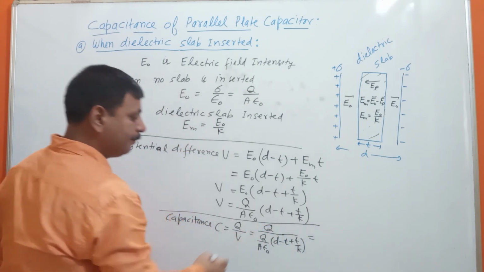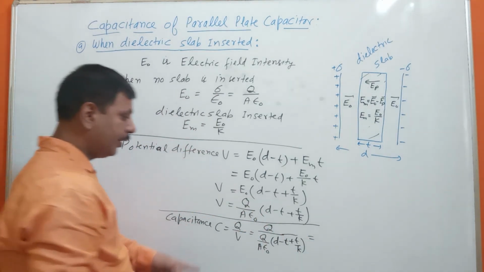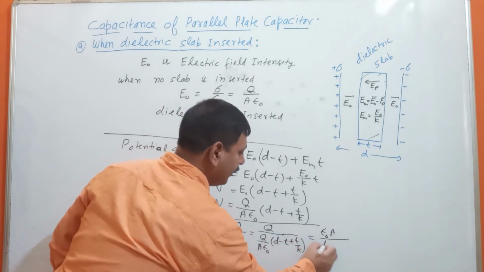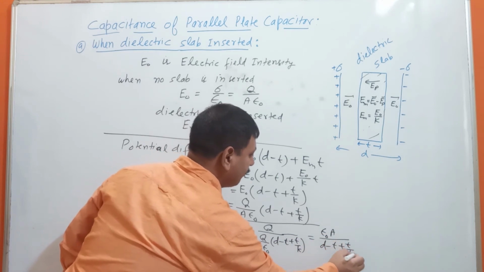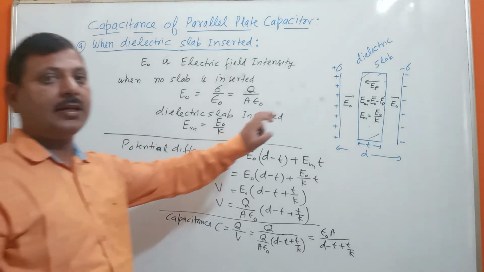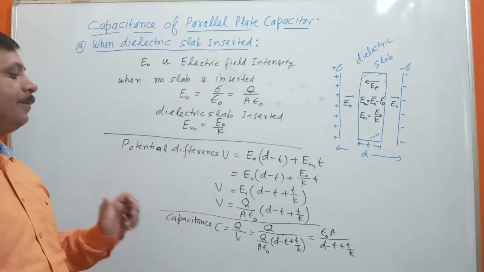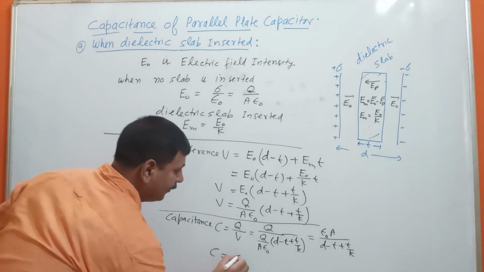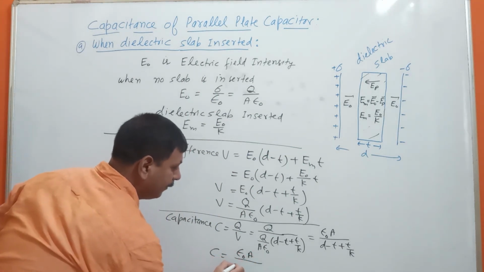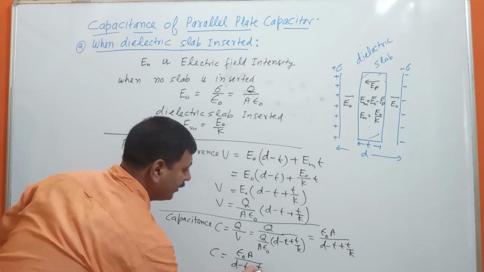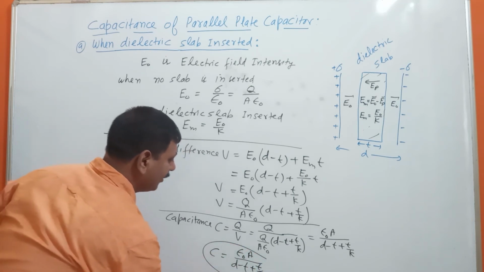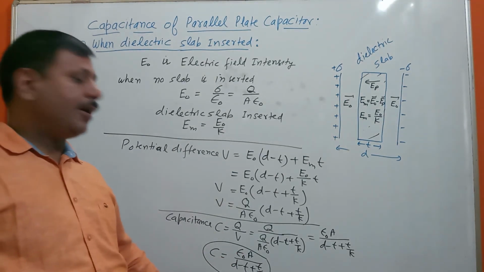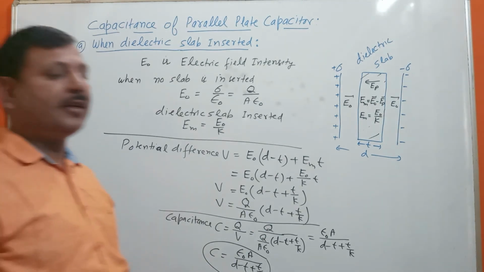Q cancels out, A epsilon naught goes upward, so that becomes epsilon naught A upon (D minus T plus T upon K). This will be the formula for capacitance when a dielectric slab of width T is inserted.